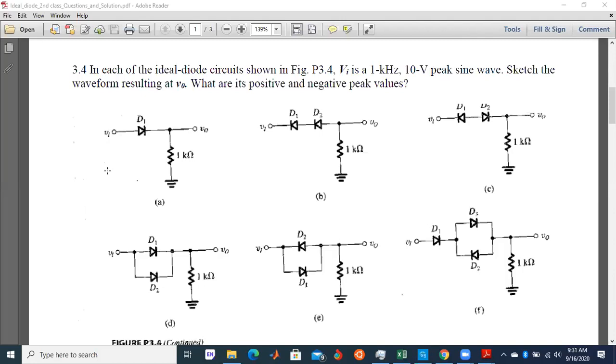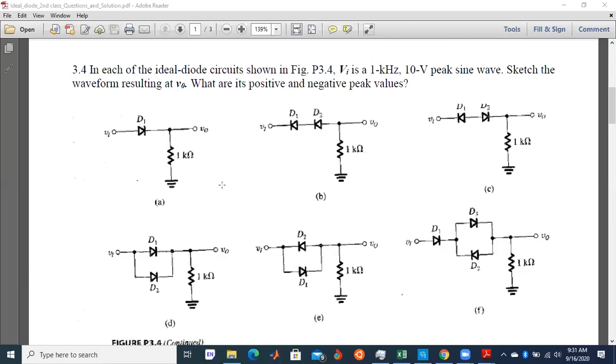What this simply means is you consider this diode to be forward biased, and you also consider it to be reverse biased. Are you getting it now? If you consider the diode to be forward biased, then this diode will be a short circuit, and the peak value of the supply, in this case 10 volts, will be fed at the output.